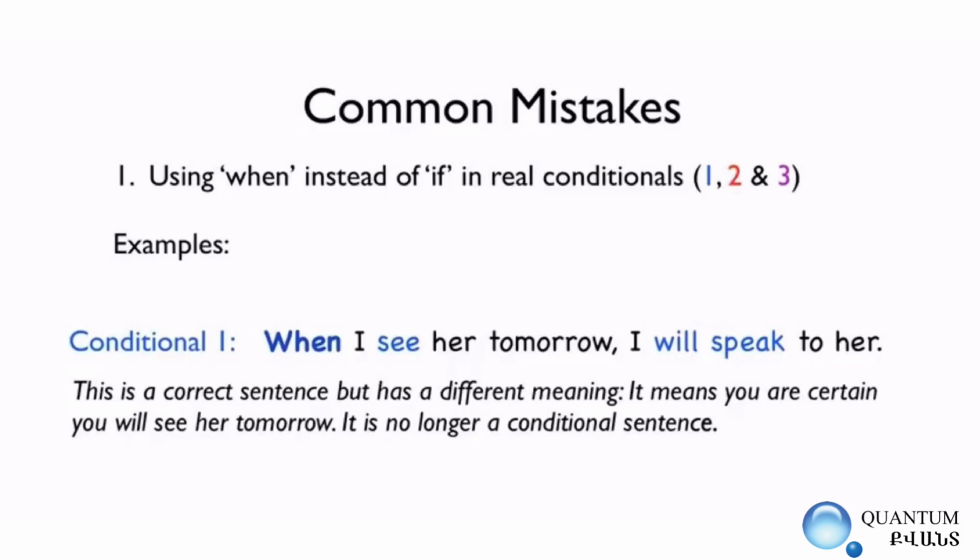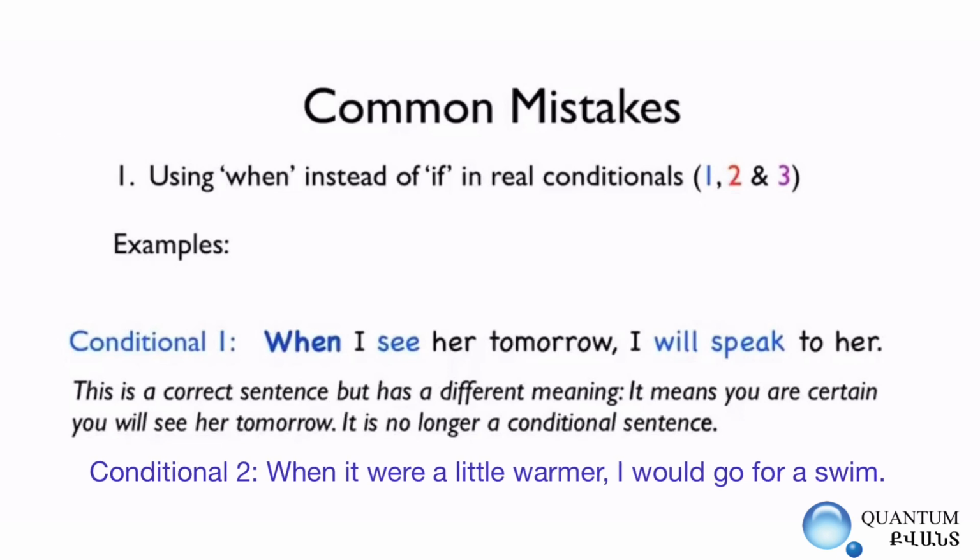So let's have a look at this example. When I see her tomorrow, I will speak to her. Actually, this is a correct sentence, but it has a different meaning. It means that you are certain you will see her tomorrow, and it is no longer a conditional sentence.